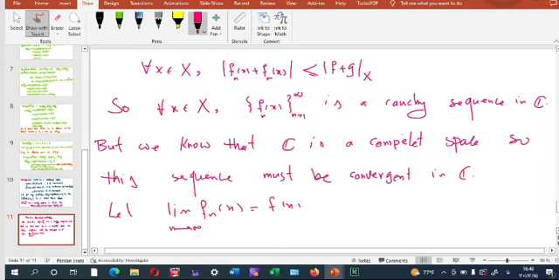This limit depends on this x, so that we write f of x.